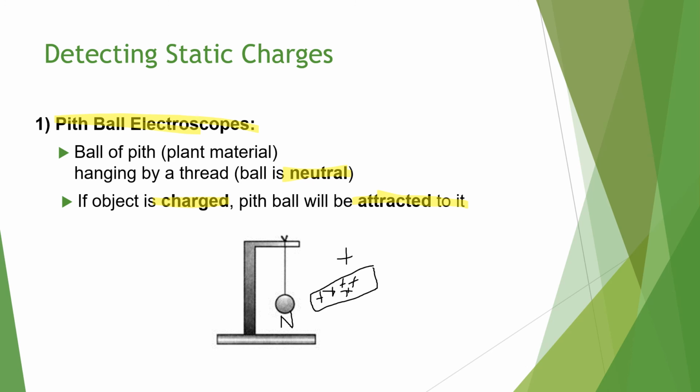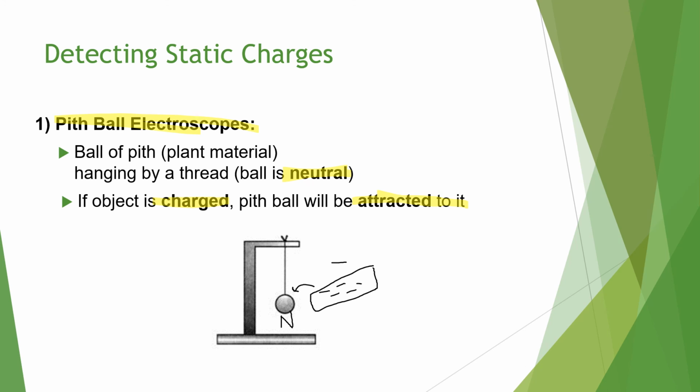Similarly, if you had a negatively charged rod, the same thing would happen. You know that an object is charged if there is an attractive force between the rod and the pith ball. We have a negatively charged object coming close to a neutral object, which is still opposites attracting.